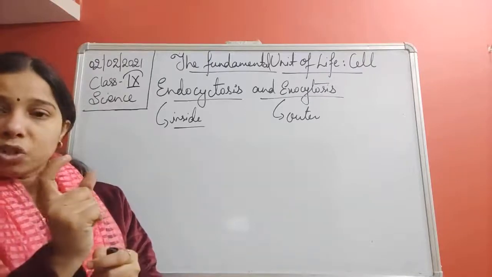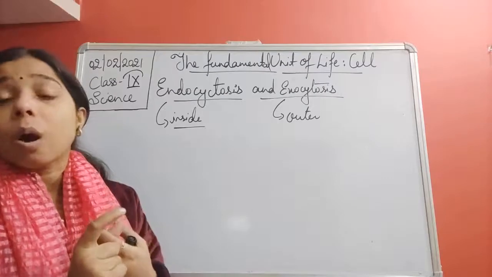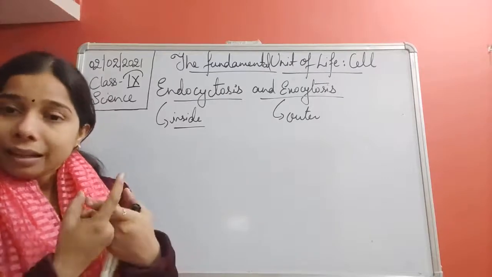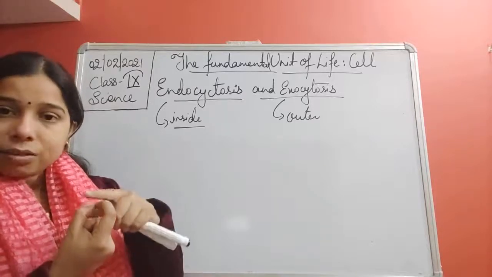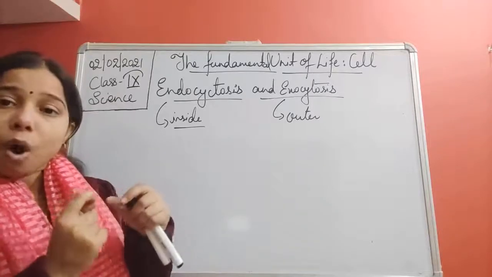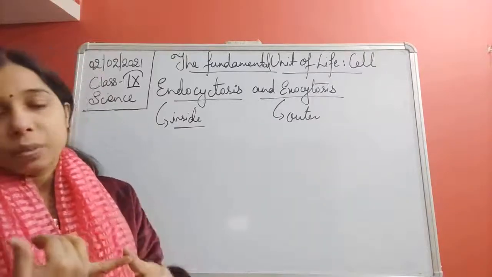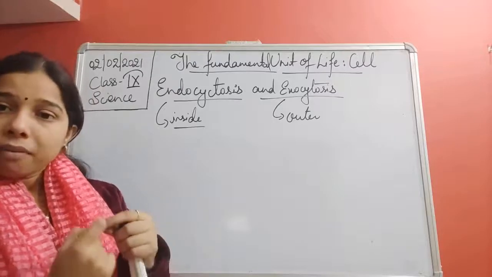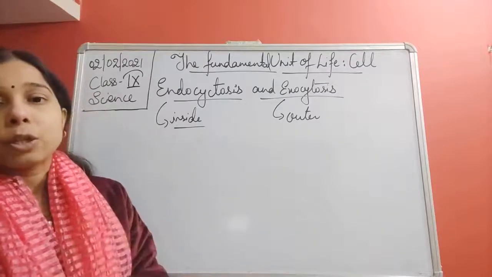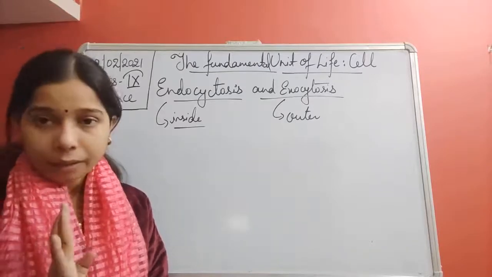Due to this depression, the food particle or liquid particle is engulfed into the depression, and finally there is a formation of a wall, in the form of a vesicle, which can be a water vesicle or a food vesicle. In the form of a vesicle, it comes inside the cell, and from the cell it reaches its particular target.